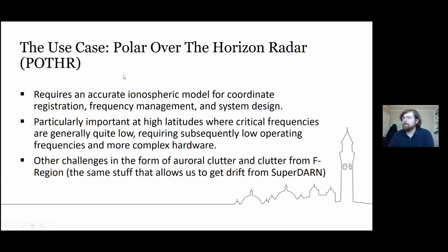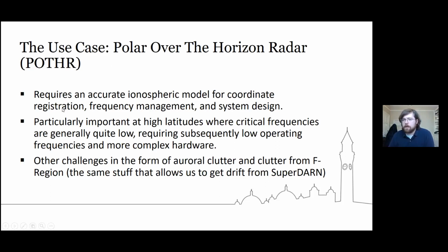There are a number of reasons why using over-the-horizon radar at high latitudes might be challenging. The biggest one is this requirement for an accurate ionospheric model. You need an accurate ionospheric model to reconstruct the position of a target, so-called coordinate registration.